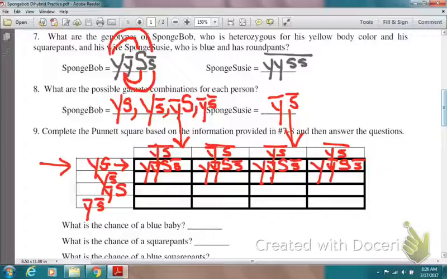It ends up working out to where the little letters are not in front of the big letters, so that your genotypes are together and correct. Yes. So you go ahead and you do that for all 16.